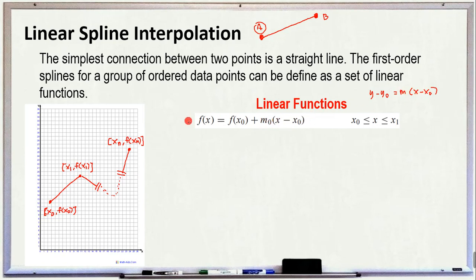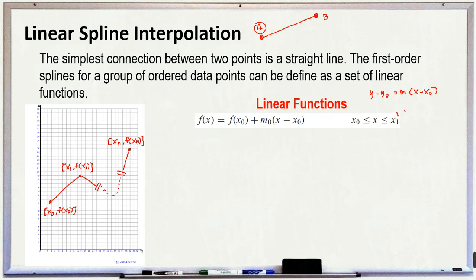Okay? But for a spline interpolation class, always note that this first linear function works only on the given interval. So since gi-derive na ni is between x0 and x1 inclusive, bali labot si x0 ug si x1.